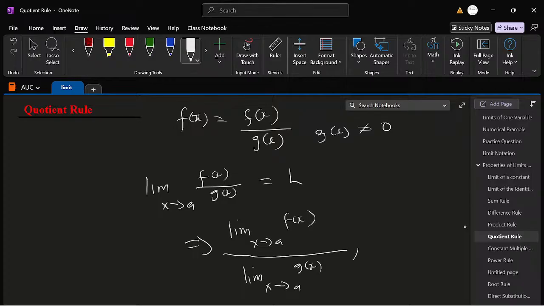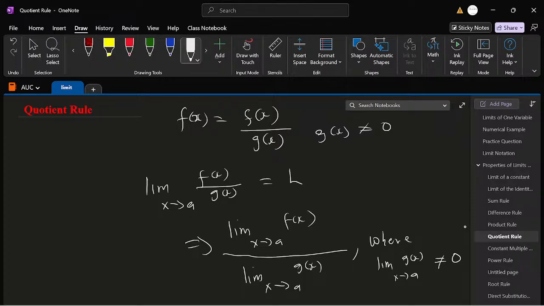For this one too, the limit as x approaches a of g of x is not equal to 0. That is the condition here.